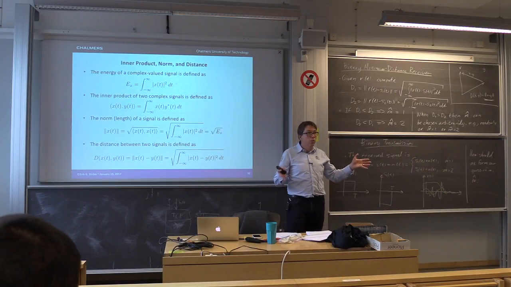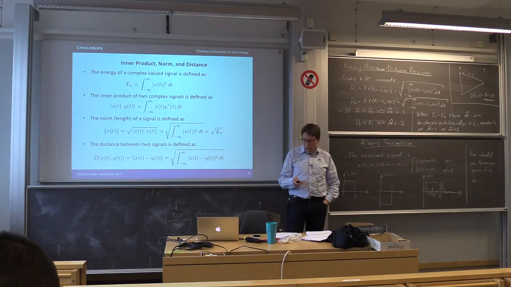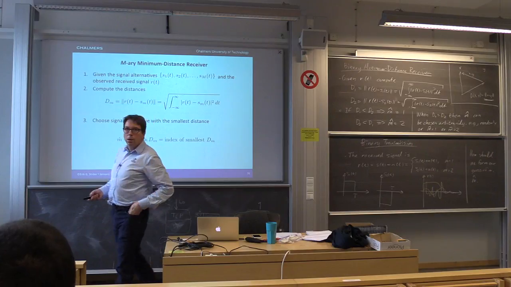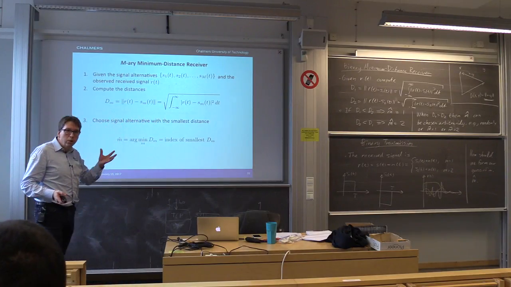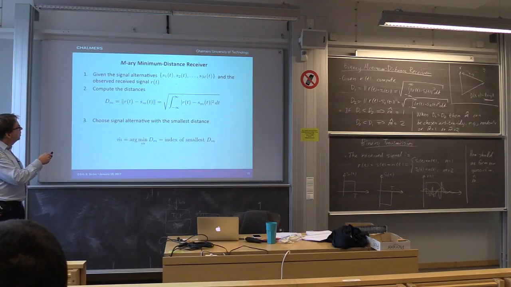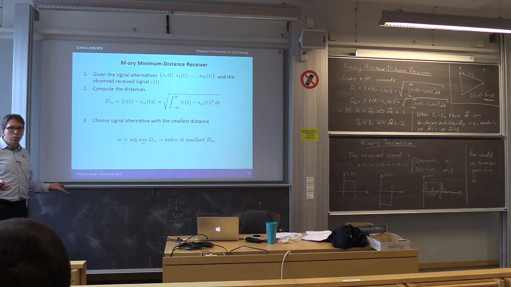So now we know what to do when we want to transmit one bit. How about if we want to transmit several bits? Well, we use the same recipe actually. We extend it to multiple possible transmitted signals. If we can transmit capital M signals, then we have more signal alternatives, S1, S2, up to SM, and we still have a received signal.